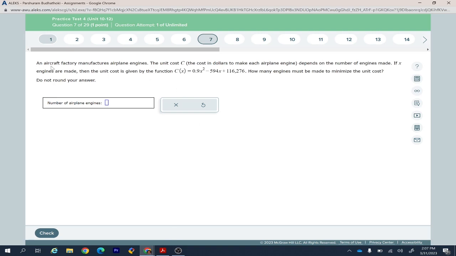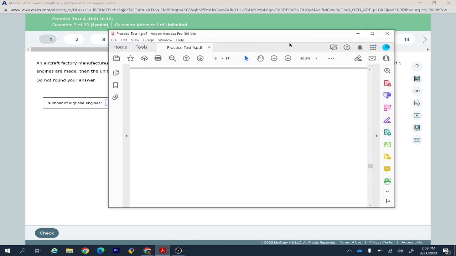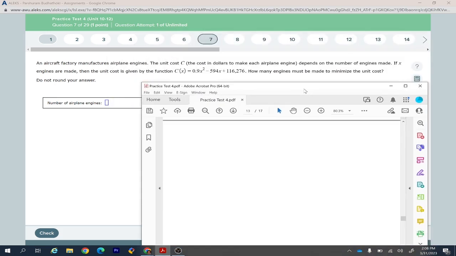An aircraft factory manufactures airplane engines. The unit cost, so this is the unit cost function, is in dollars, and it depends on the number of engines made. If x engines are made, x represents the number of engines and c of x represents the cost function. How many engines must be made to minimize the unit cost? So for this, if you see here, this is a cost function, which is a parabola, and the coefficient of x squared is positive.